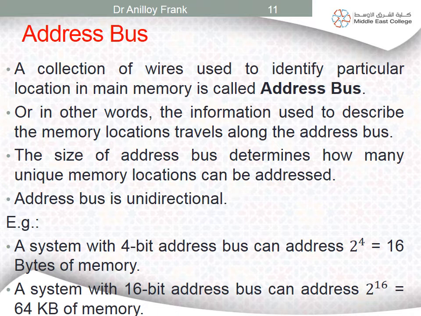An address bus is unidirectional. A system with a 4-bit address bus can address 2 raised to 4, that is 16 bytes of memory. A system with a 16-bit address bus can address 2 raised to 16, that is 64K of memory.